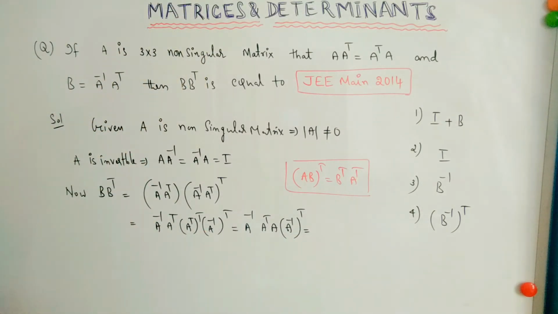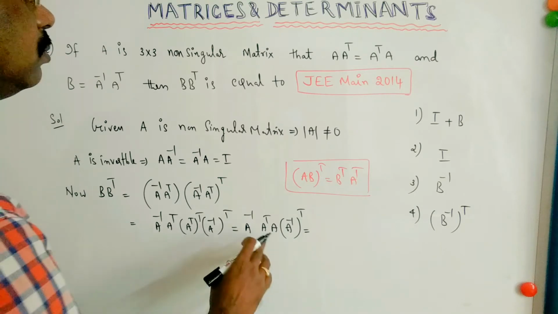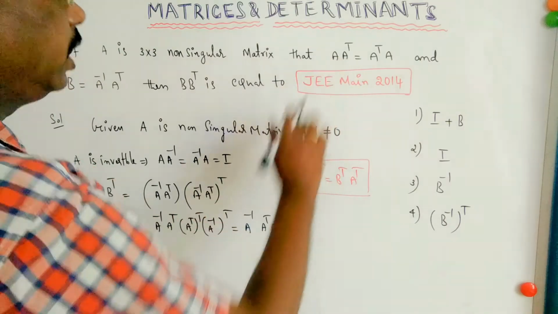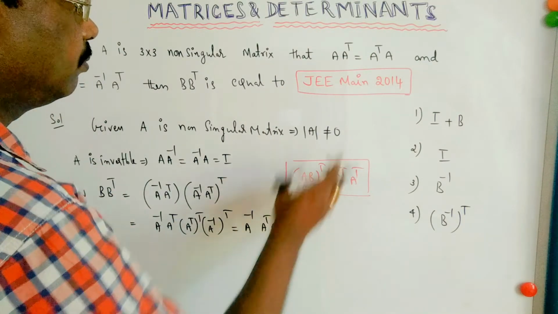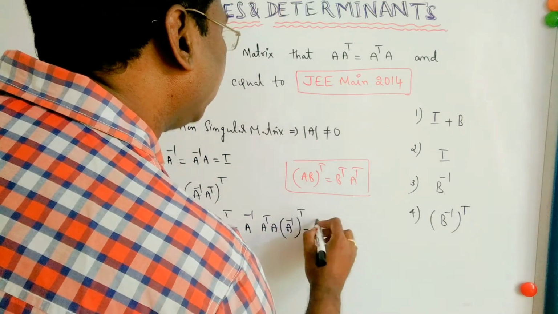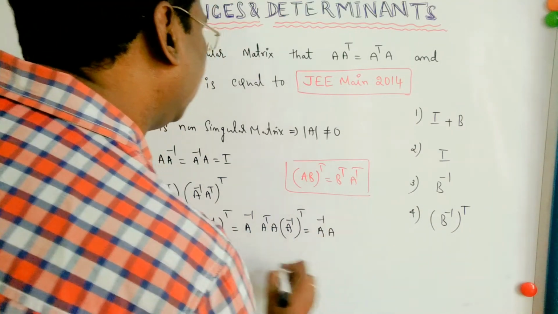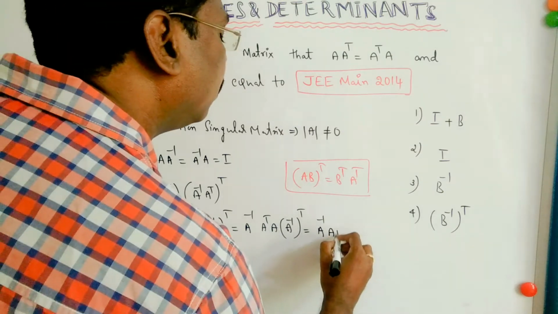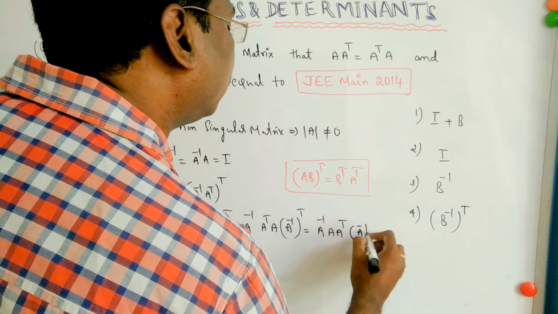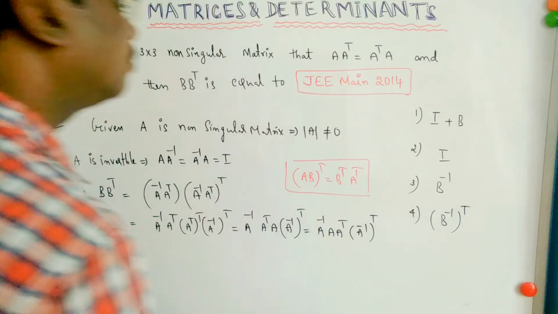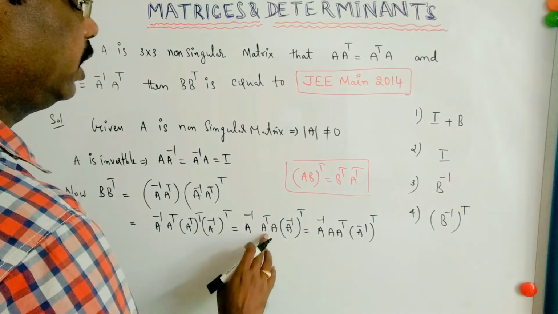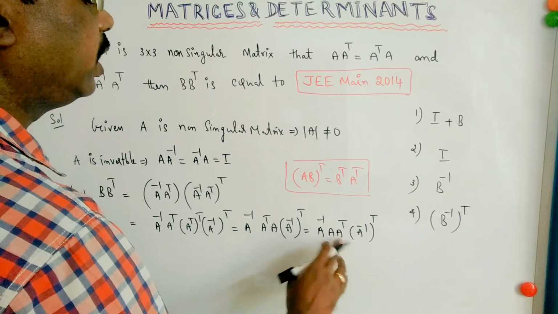Now A into A transpose into A. A transpose into A can be written as A into A transpose.